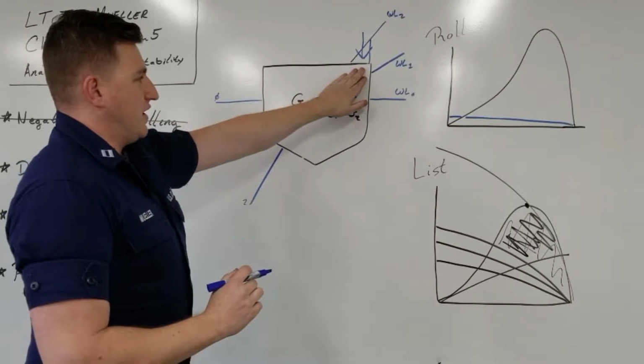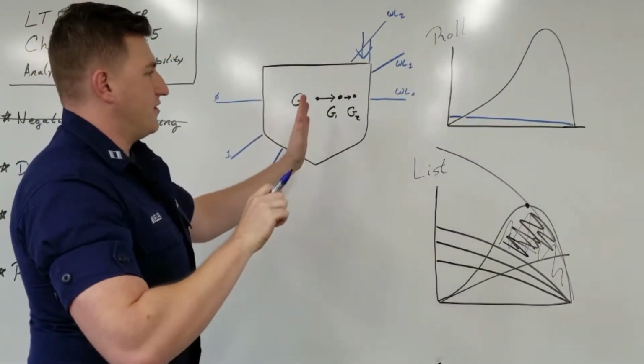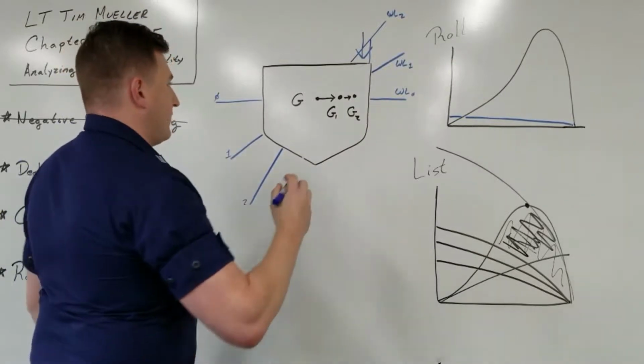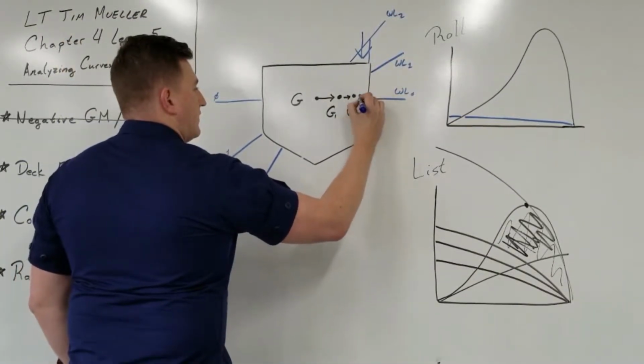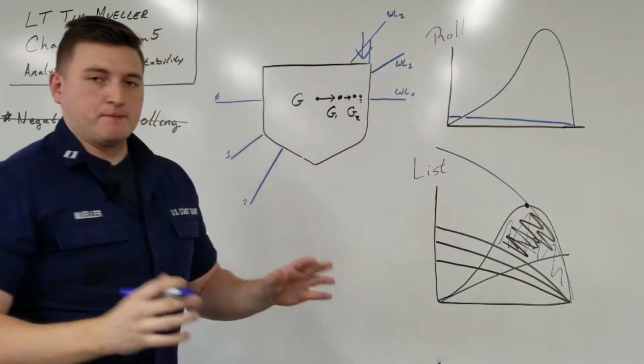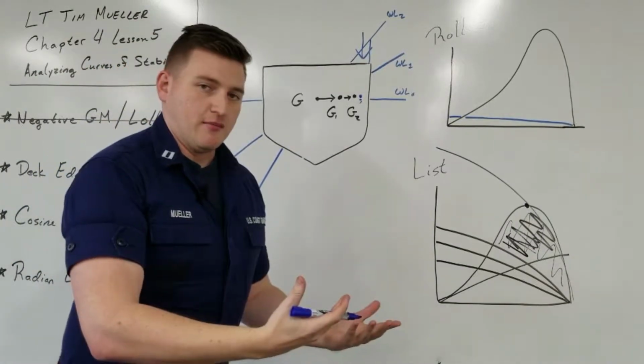This weight addition, if we're listing, is going to cause the center of gravity to move a little bit more to the right, which means it's going to go a little bit further here to G3. But then with that shift in center of gravity, now we have to list a little bit more.